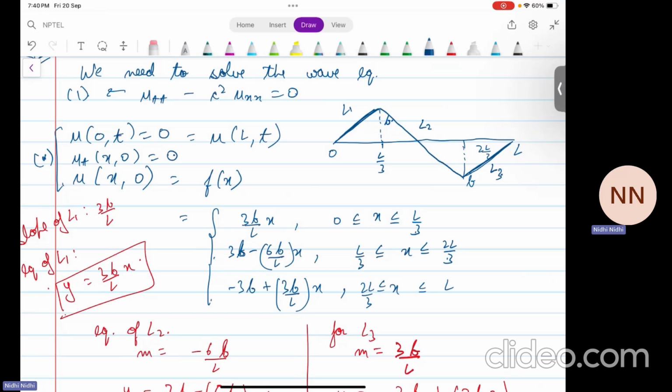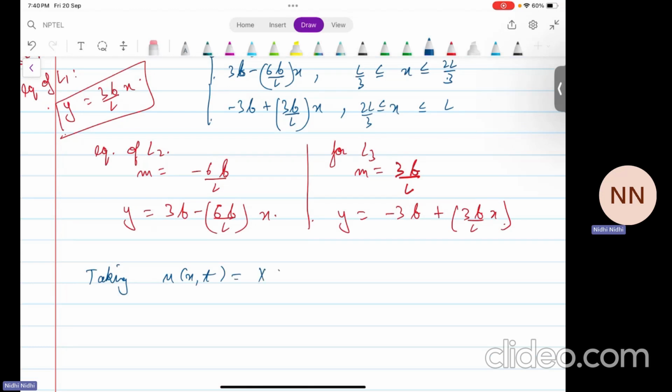So here we will get the solution, taking u(x,t) is equal to X(x)T(t).